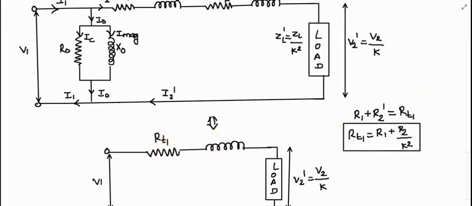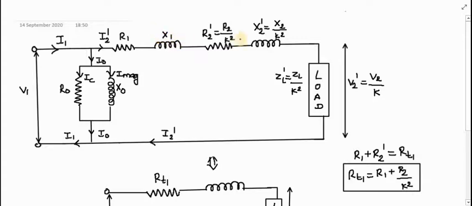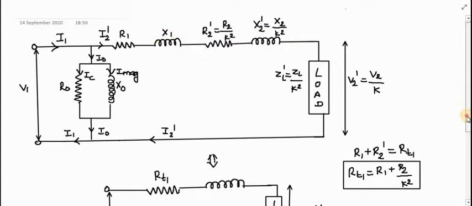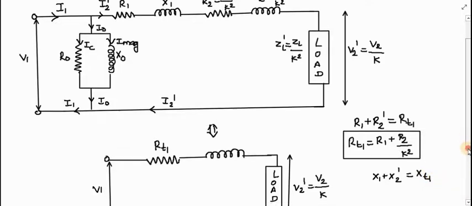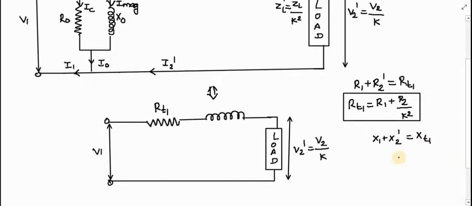So this is your RT1. Similarly, I have combined X1 and X2 dash. So the combination of your X1 and X2 dash is denoted by XT1. XT1 is nothing but the total leakage reactance of the transformer referred to the primary side. So what is your XT1?